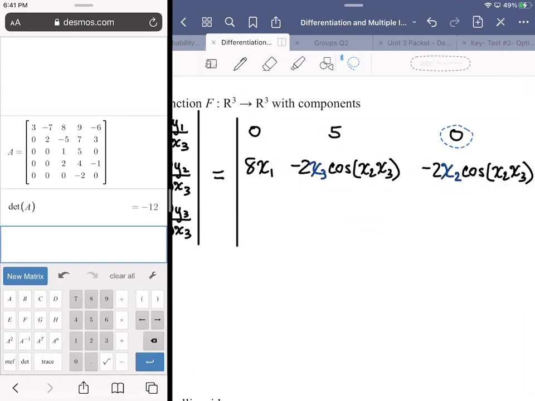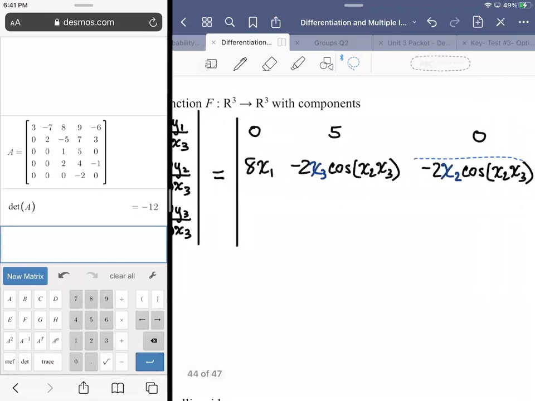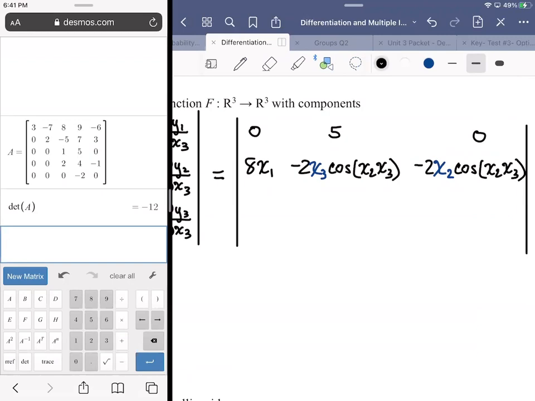I probably don't need my bars to be this long.